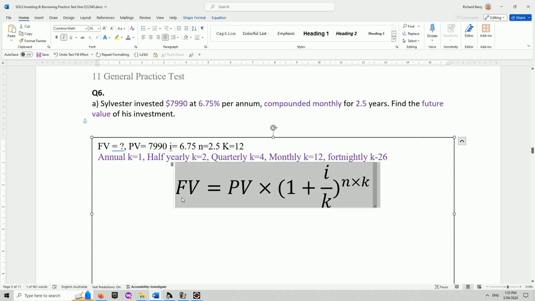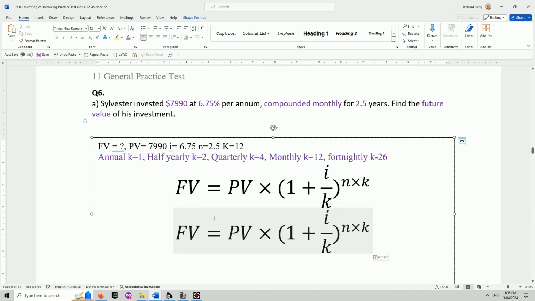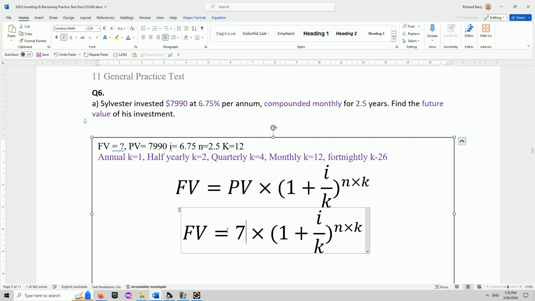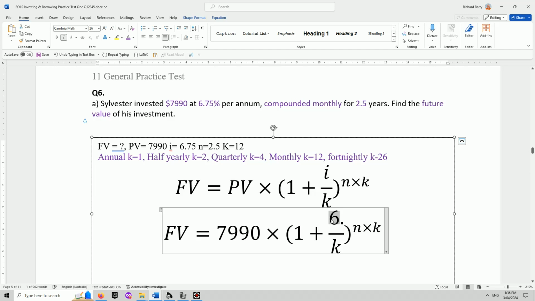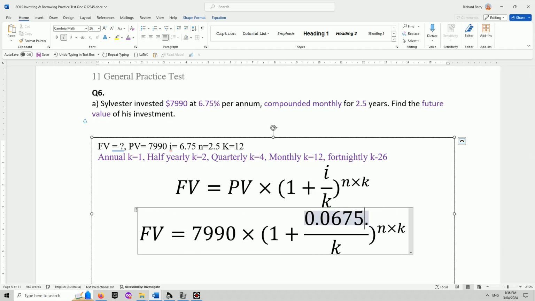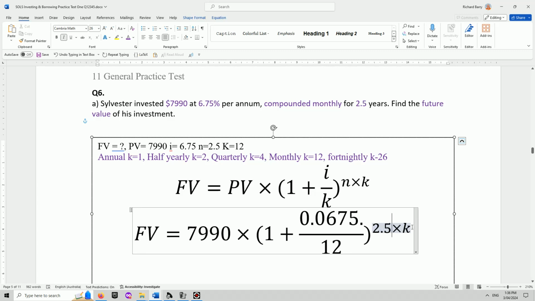I'll do it once, then I'll do it on the calculator. 7,990, 1 plus i divided by k: 0.0675 divided by 12, and 2.5 times 12.